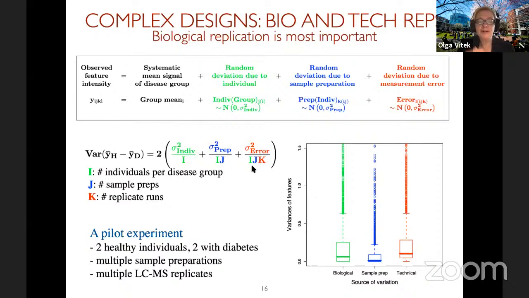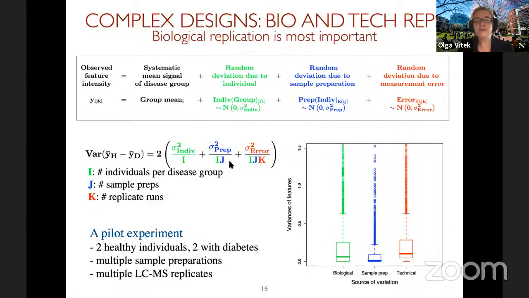So in other words, biological replicates are the most principled way to reduce the noise associated with the signal. So if you have a fixed number of runs, you are much better off allocating these runs to different biological subjects rather than quantifying the same subject really, really well, but you still have only one subject. So this is how statisticians think about this type of experimental design.